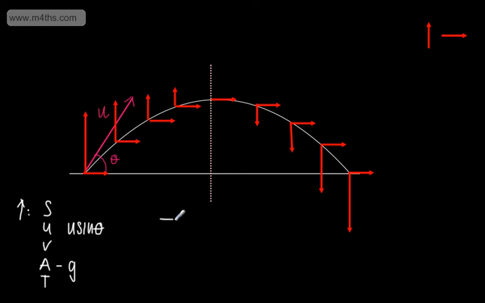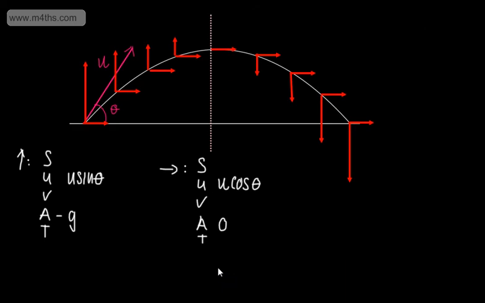If we now consider the horizontal Suvat, so collecting this information, we've got the horizontal velocity, which is going to be initially u cos theta. If we consider that there's no acceleration in the horizontal plane, we can say this is going to be 0.